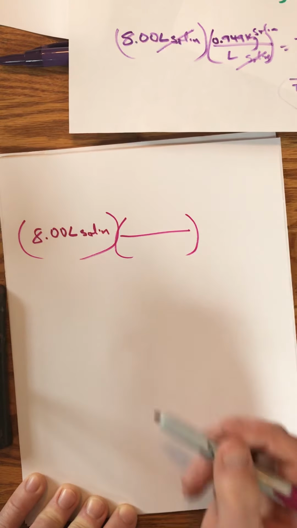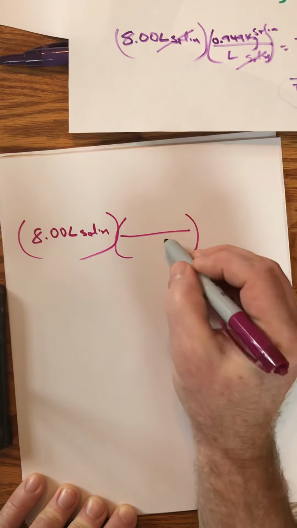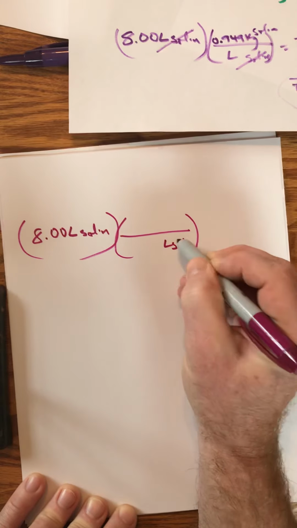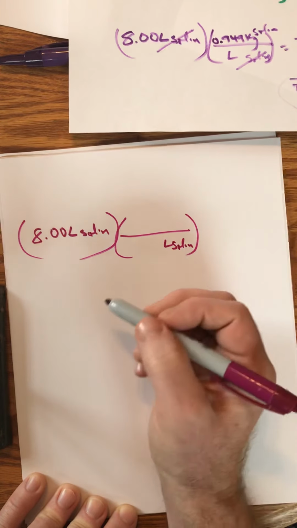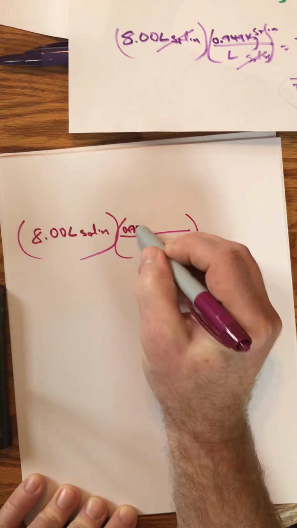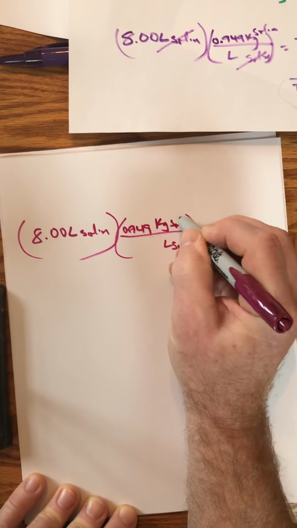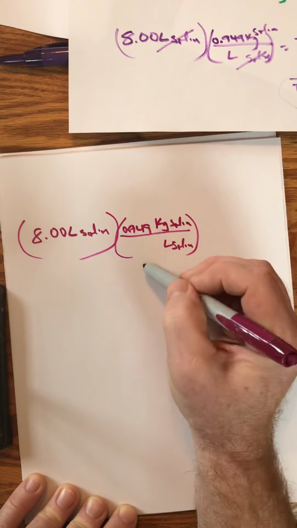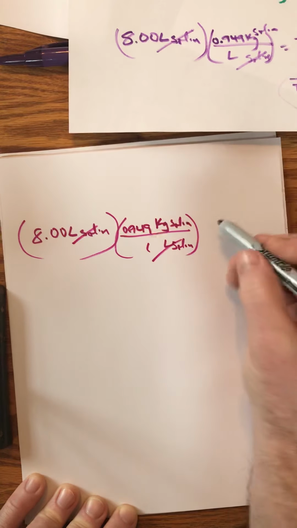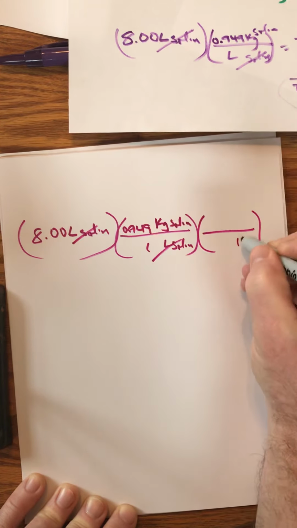Liters of solution in the bottom, that's got to go there, right? So back to my density, 0.949 kilograms of solution for every 1 liter of solution. Put kilograms of solution in the bottom.